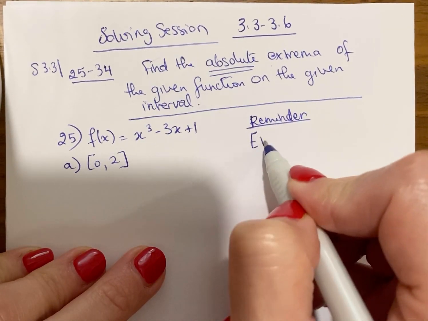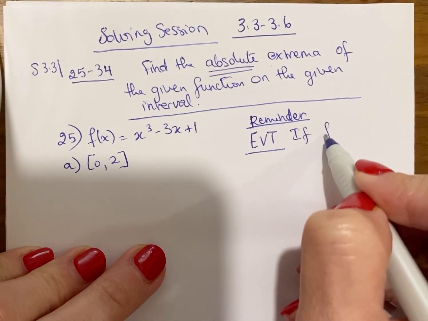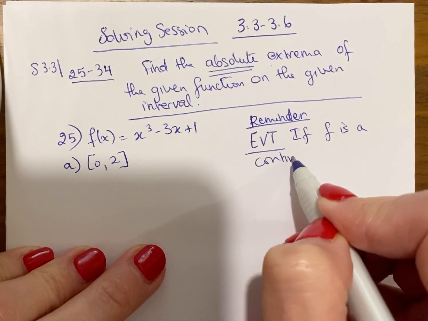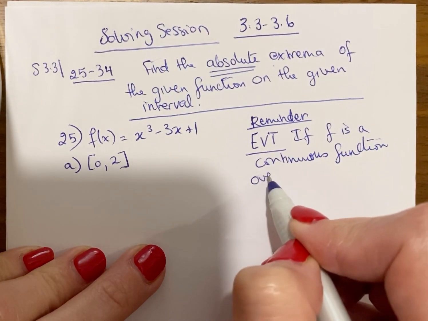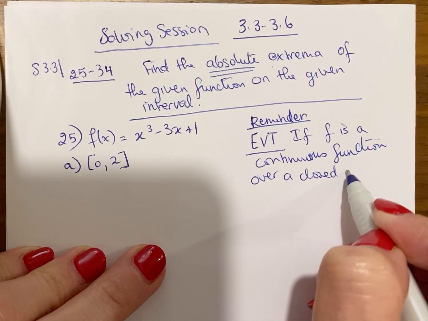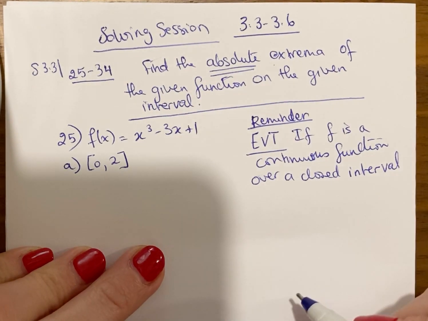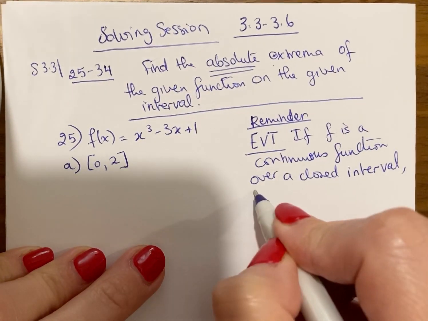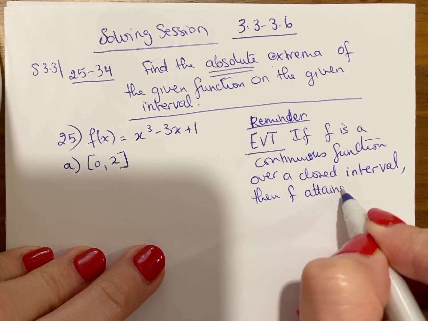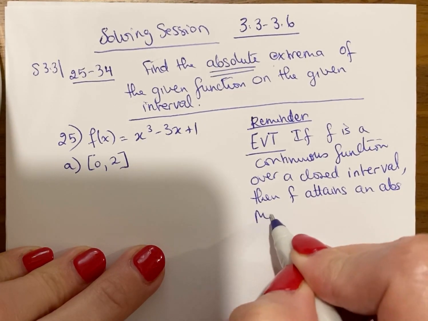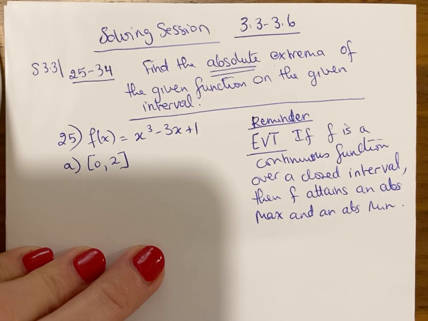What governs solving such problems is the extreme value theorem, which says if f is a continuous function over a closed interval, then f attains an absolute max and an absolute min over that interval.